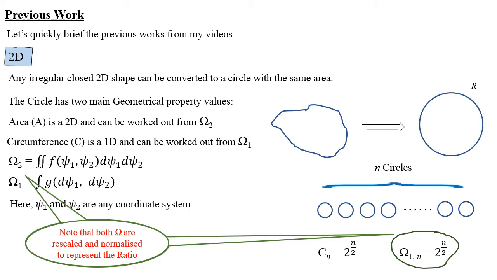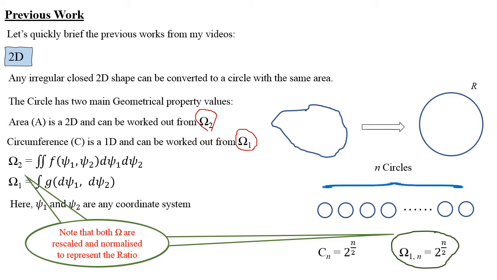There are two notations which we introduce to simplify our explanation: omega 2 and omega 1. In this context, omega 2 simply means the area, but once you increase the dimension, the meaning of these omegas will change. Omega 1 is related to the perimeter of the shape, or in the case of a circle, the circumference.